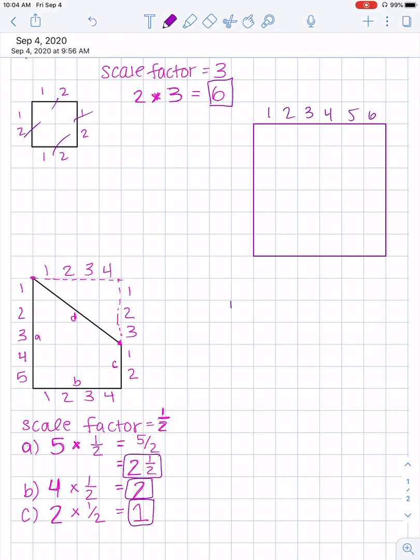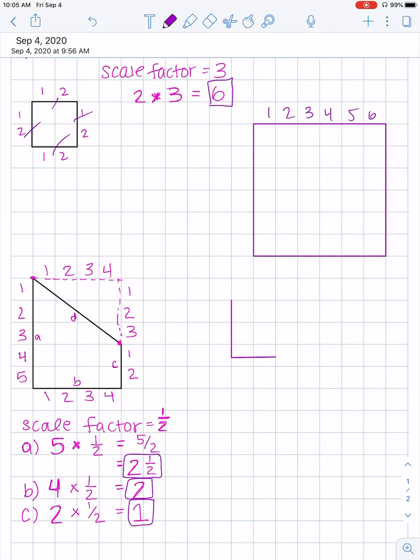So we're going to do 1, 2, and 1/2. So we guesstimated a little bit to make that a half. So for side length B, we are going over 2. So we're doing 1, 2. And as you can see, that is not a perfect half, but it'll get the job done for today.